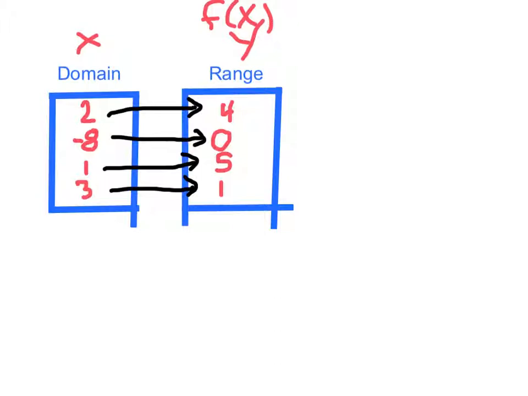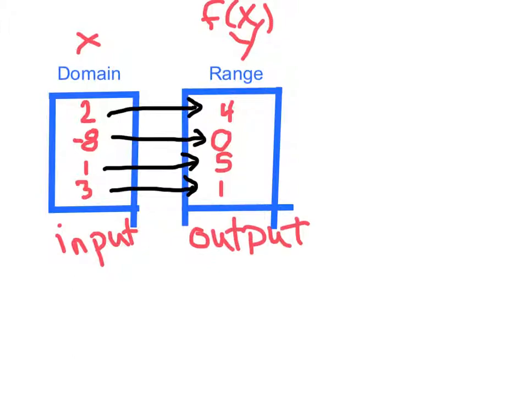So, for every input we can only have one output, and that makes it a function. So for the first one, 2 is the input. Let's write that underneath here. Input. And this one is the output over here.